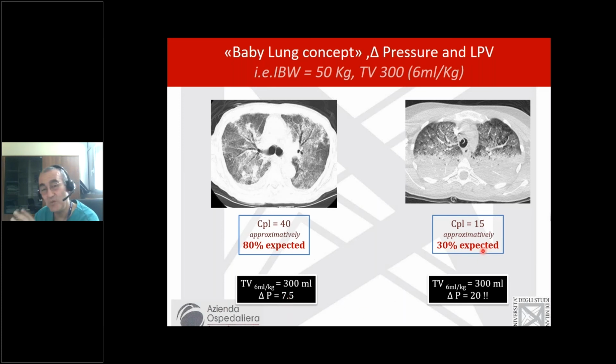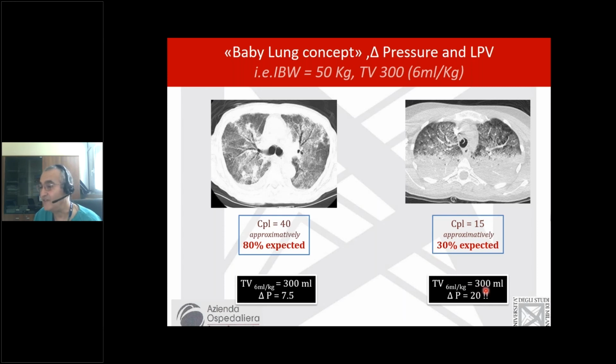But let's assume we have another lady with ARDS, 50 kilograms, same target tidal volume of 300 ml, but with this CT scan, a compliance of 15. Why 15? Look at this line. Half is totally closed, and the other half is very bad. The compliance of 15 is approximately 30% of the expected.